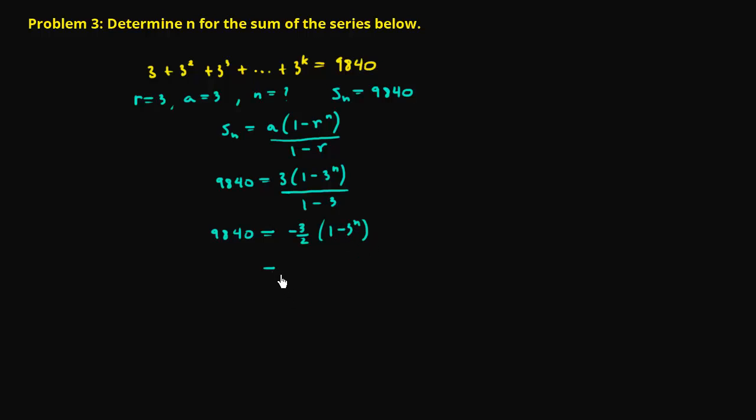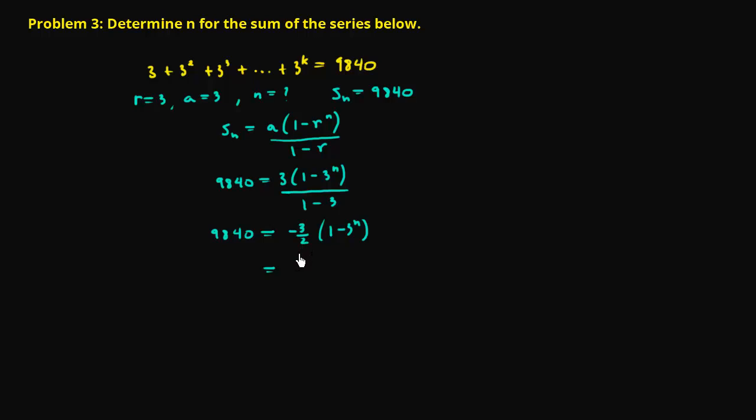I can multiply both sides by negative 2/3. That's the same thing as dividing both sides by negative 3 and then multiplying both sides by 2.